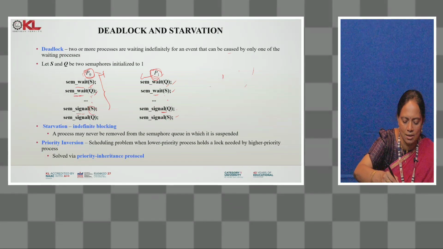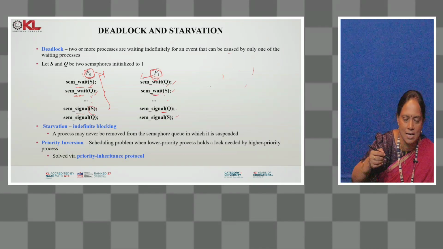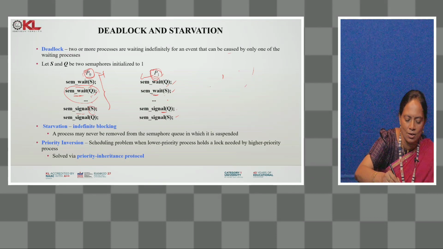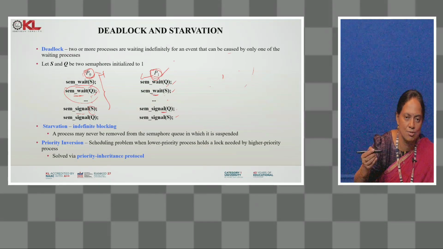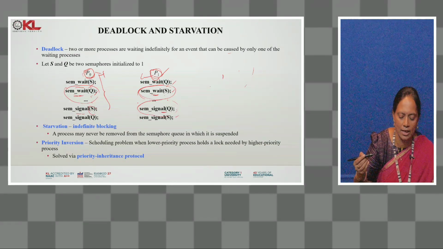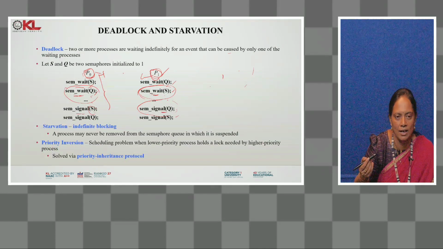Both have to wait indefinitely, and we call this a deadlock state. So the processes P0 and P1 are in the deadlock state.